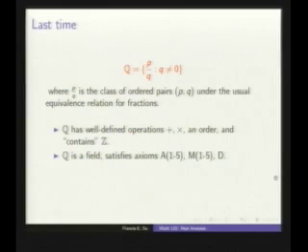We also saw that Q is nice because not only does it have these arithmetic operations, it has the ability to solve certain equations that we couldn't solve in the integers before. For instance, 3x equals 5 can't be solved in integers for x, but it can be solved in the rationals because the rationals are a field.